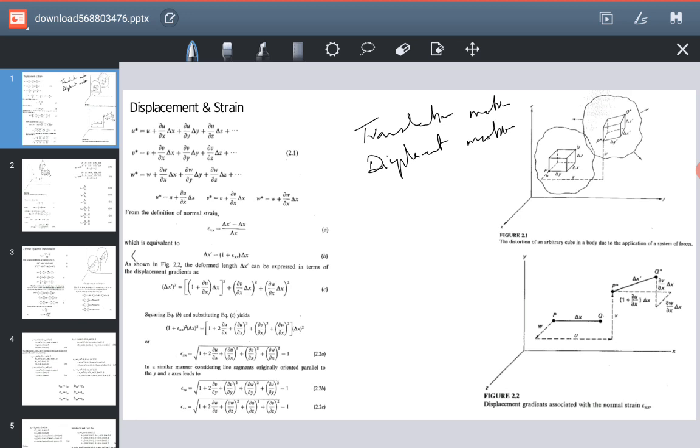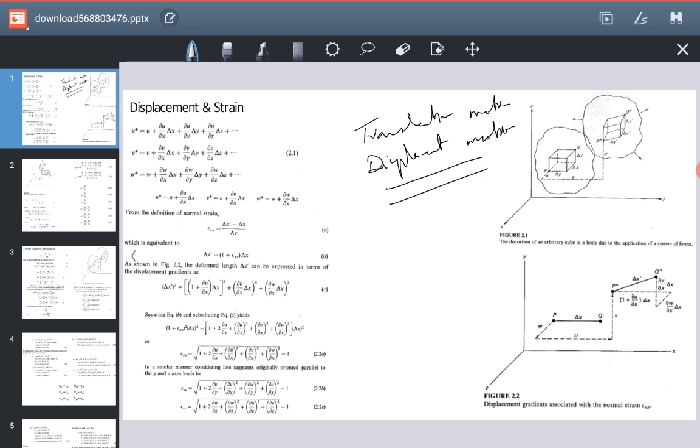But in displacement motion, rather than the full body displacing, there are certain sections or certain points inside a body that move from one point to another relative to other points as well. So this displacement motion is the focus of our interest.